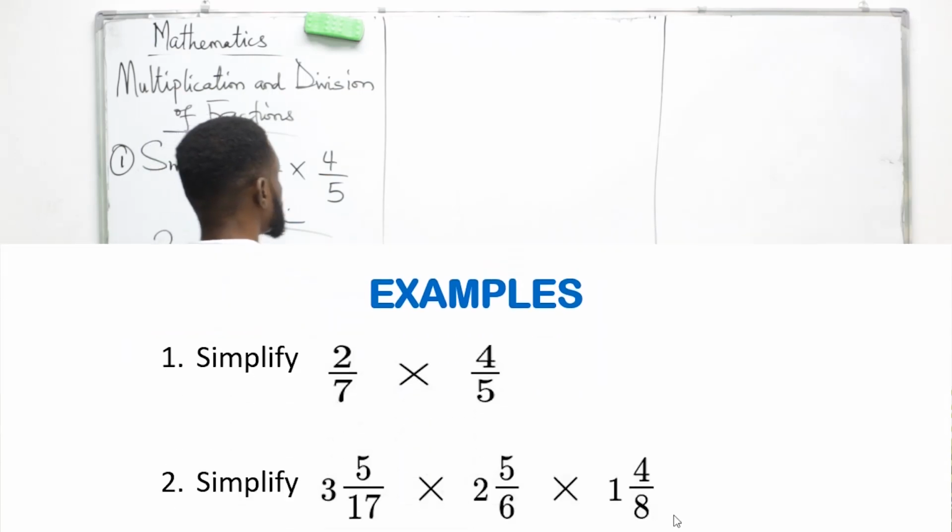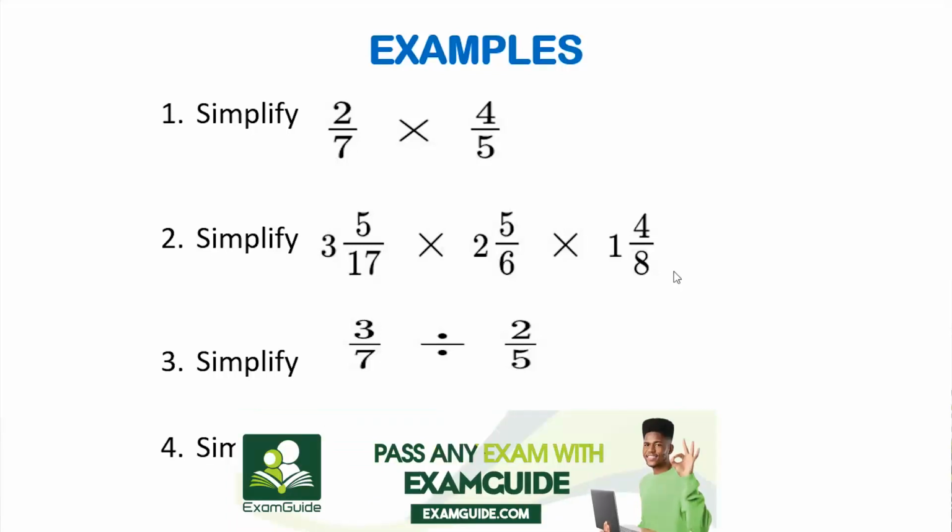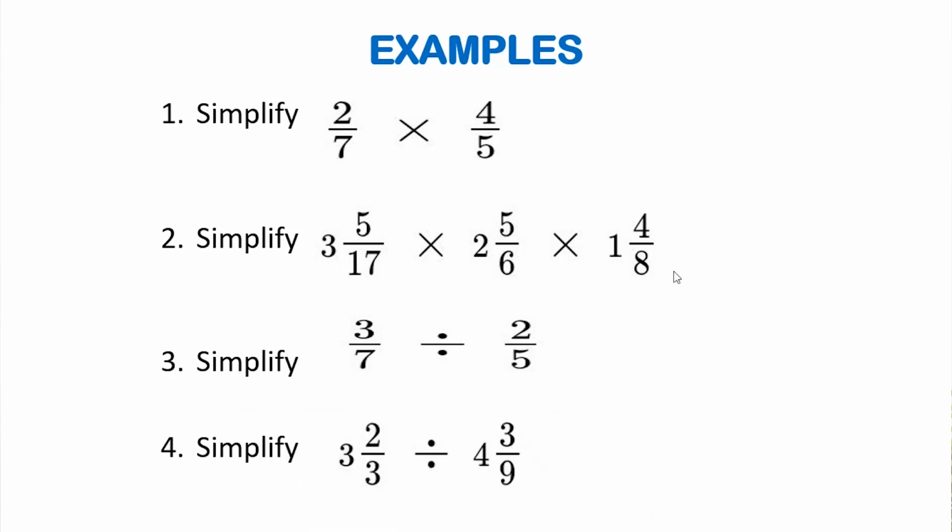They say, number 2. Simplify three whole number 5 over 17 times 2 whole number 5 over 6 times 1 whole number 4 over 8.